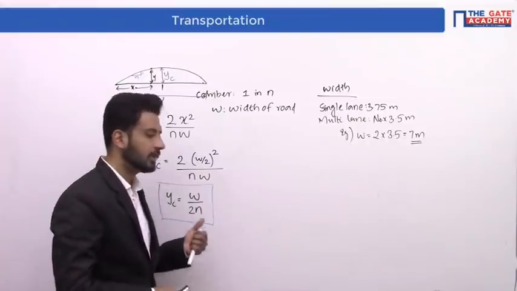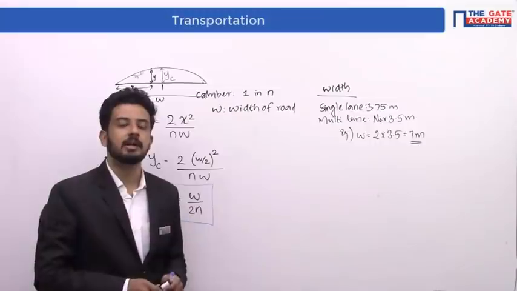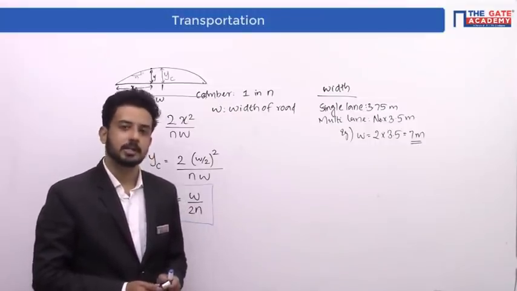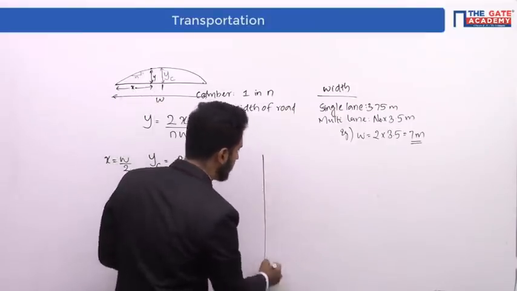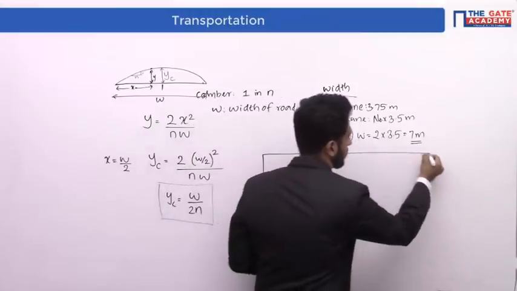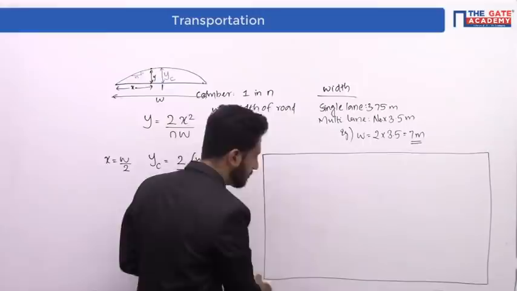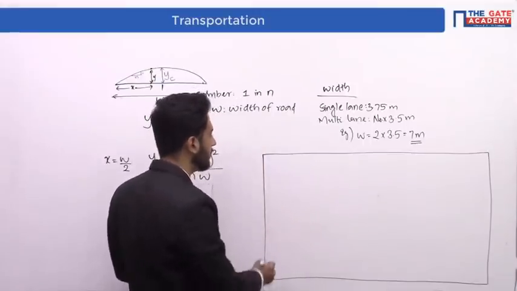In order to find out the value of N, we have a standard table given by IRC. So you have to mug up that table. Okay, so I will give you that table here. If you haven't noted this table before, just note this now. It is very important.